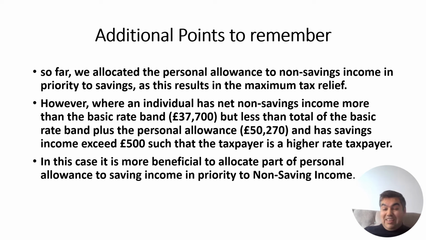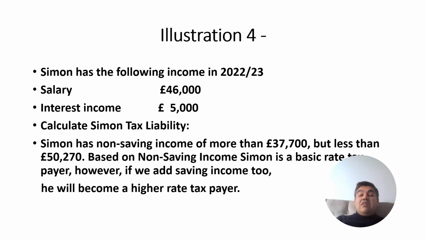Now here's the different thing that we're talking about. Look at paragraph number 2. If this is the situation, make sure you follow the technique I will explain on the following slides. Now let's assume, as always, that the personal allowance is set against non-savings income in priority. Let's do this.